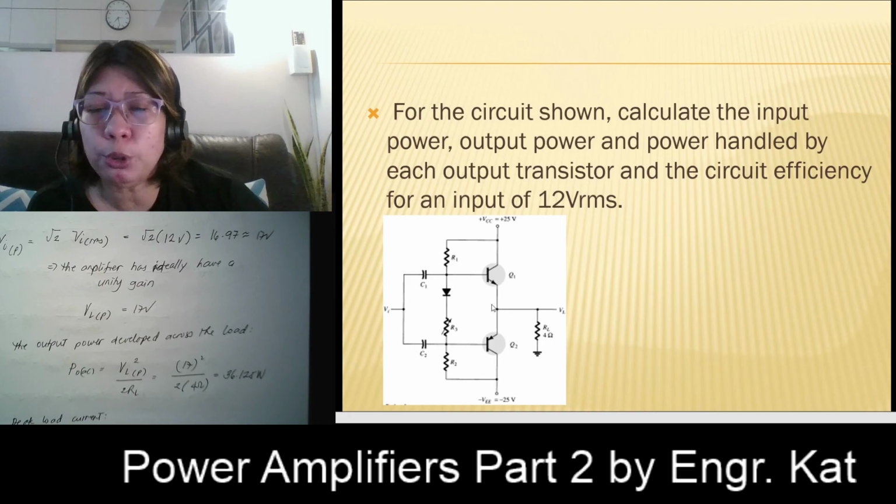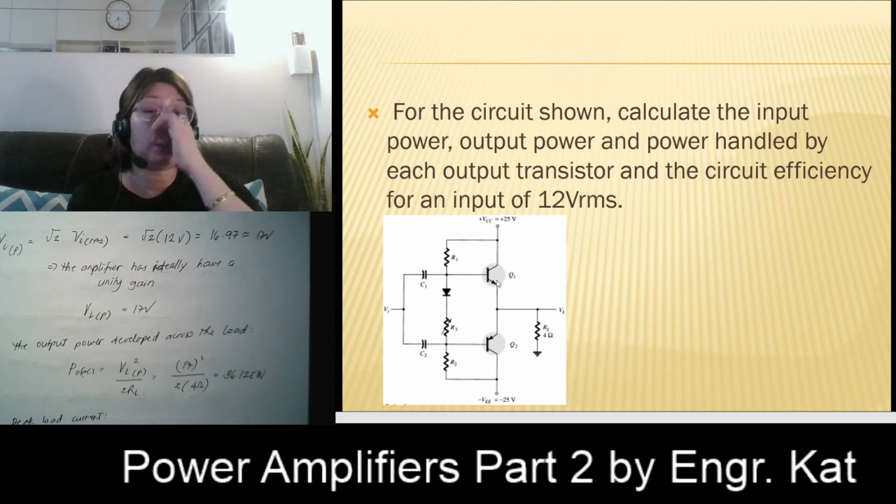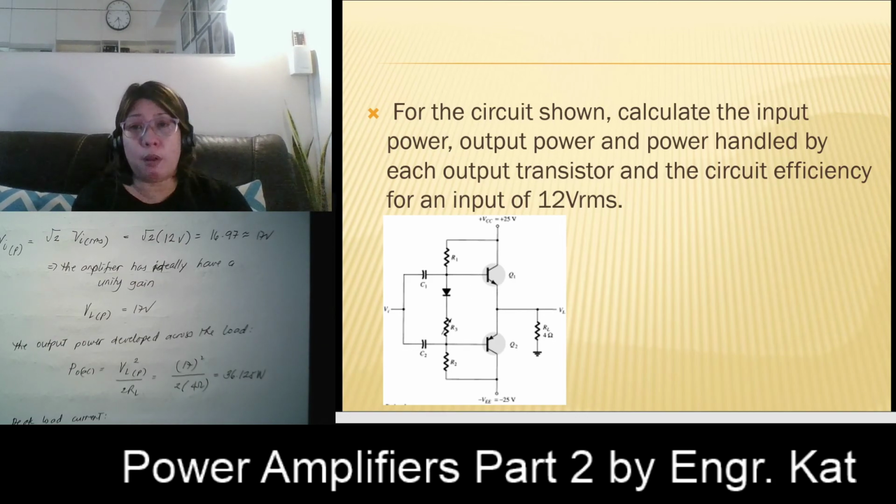So when your output is at the emitter and your input is at your base, we have what we call a common collector configuration or an emitter follower configuration. And we know that for a common collector or emitter follower configuration, your voltage gain can be no greater than 1. So ideally, its value is equivalent to 1, or it doesn't amplify.